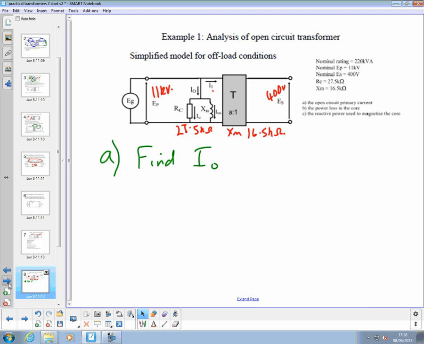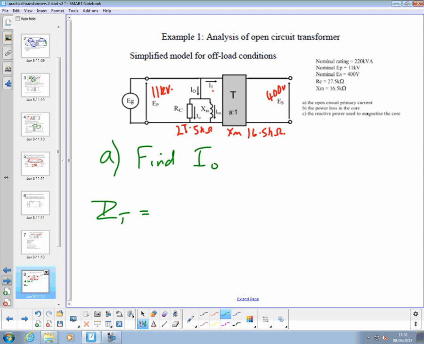How are they connected? In parallel. So ZT parallel. You can do the 1/.